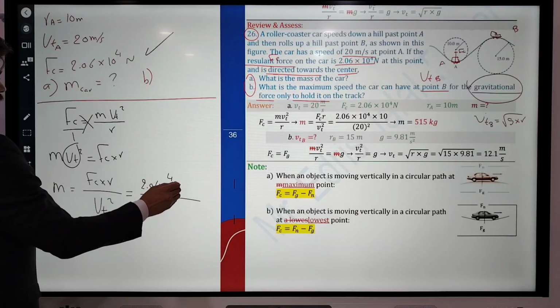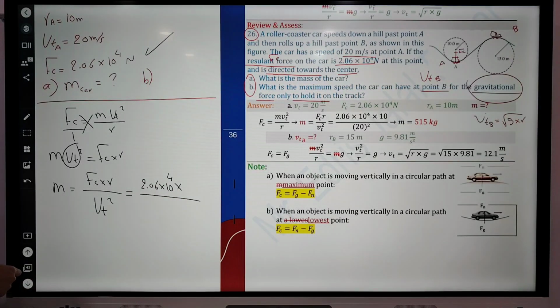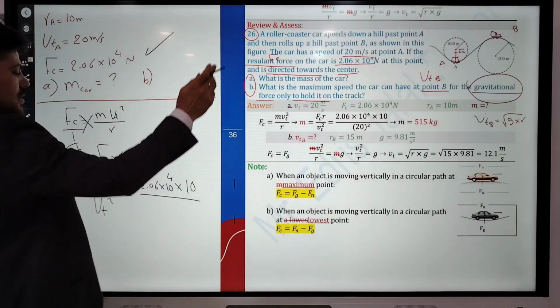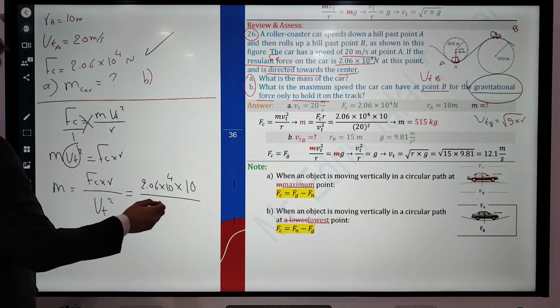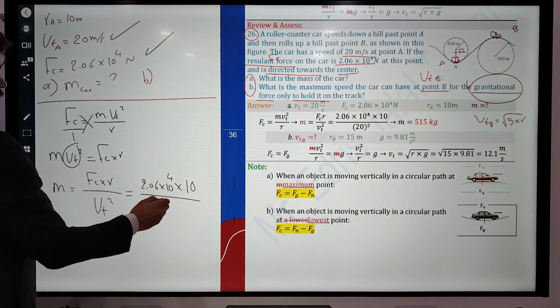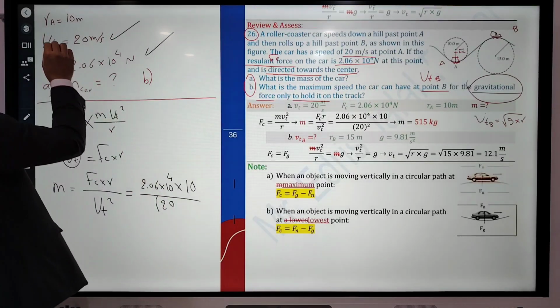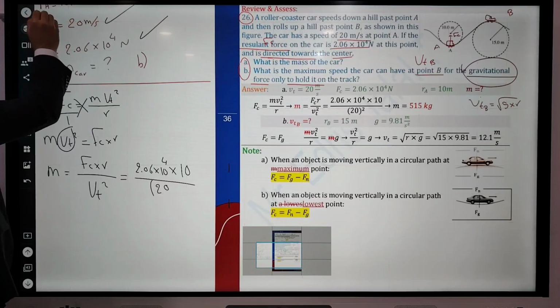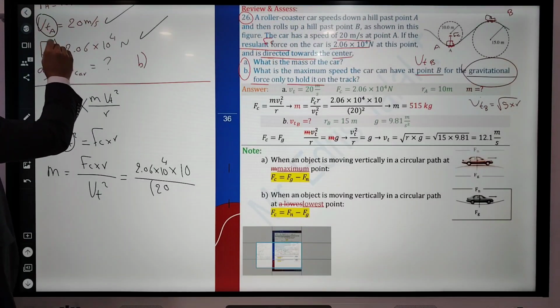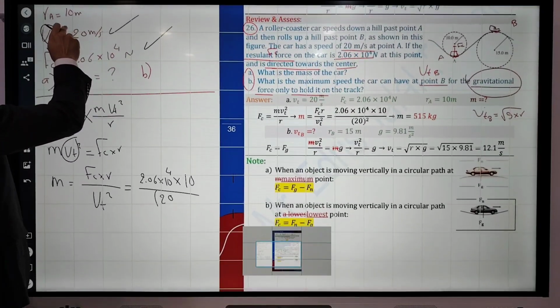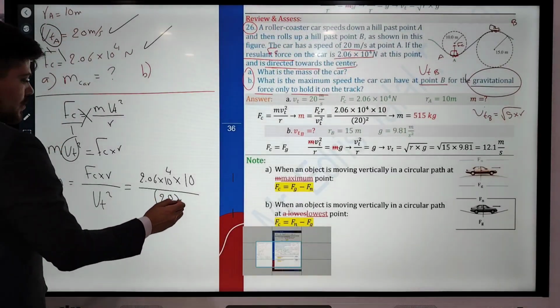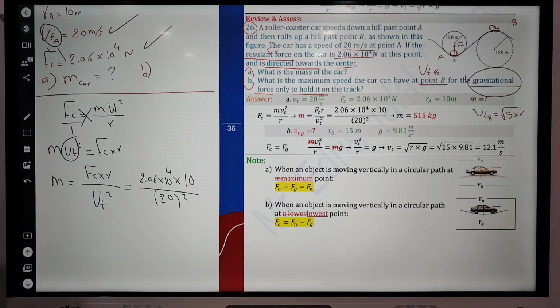206 times 10 to the power 4, times the radius of the circular path. Do we have it? Yes, it was given according to the figure, as you can see in this picture. Divided by Vt, also given: 20. This tangential speed is the speed at point A. Be careful. 20 squared, don't forget this square, please.